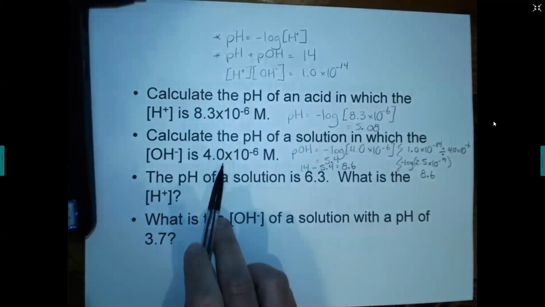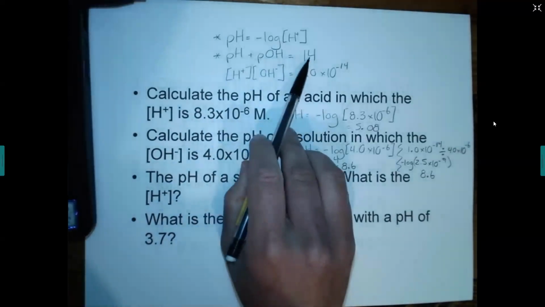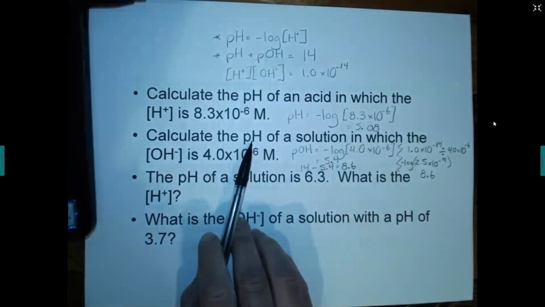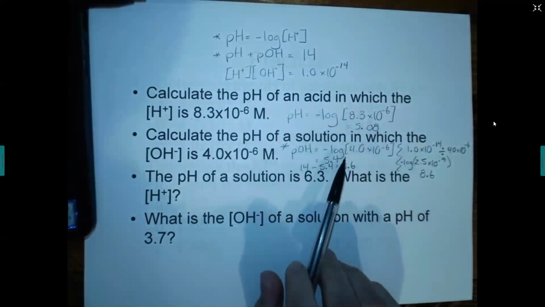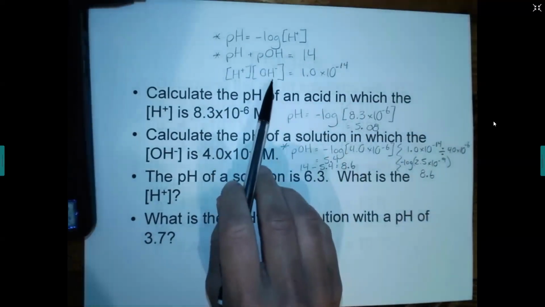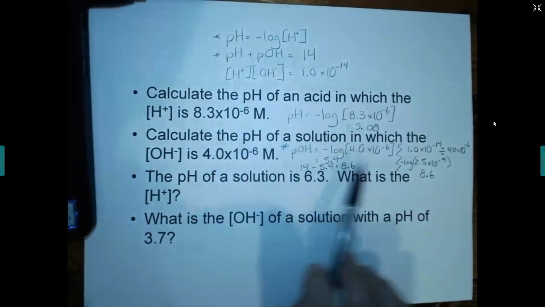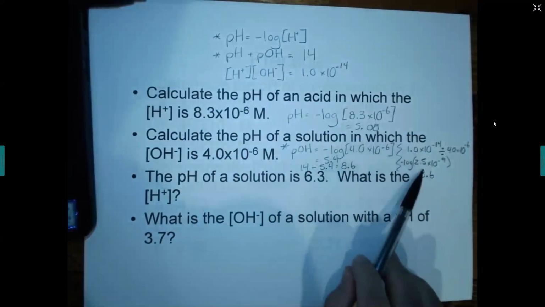For the second example, when you take the negative log of this, it's the pOH, so you have to subtract it from 14 to get the pH. This is my preferred method, but just so you can see how this other equation can be useful, either one of these works.